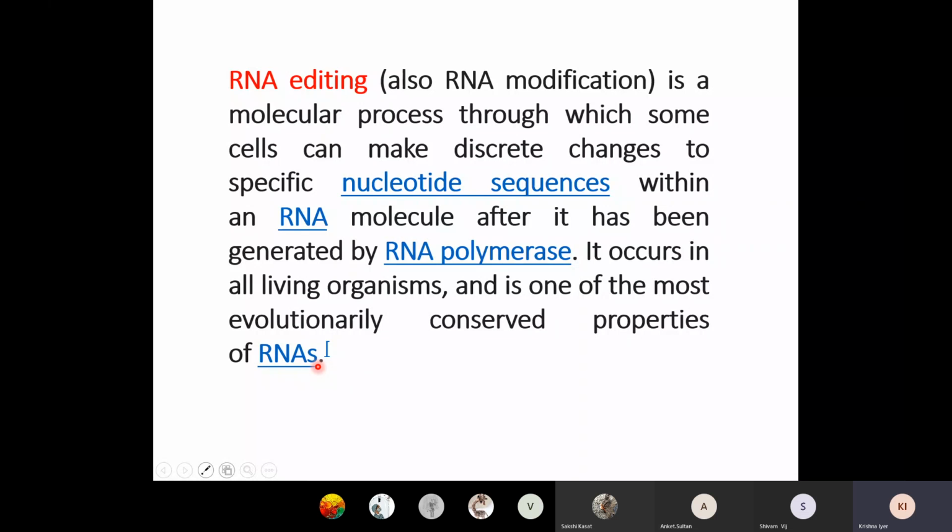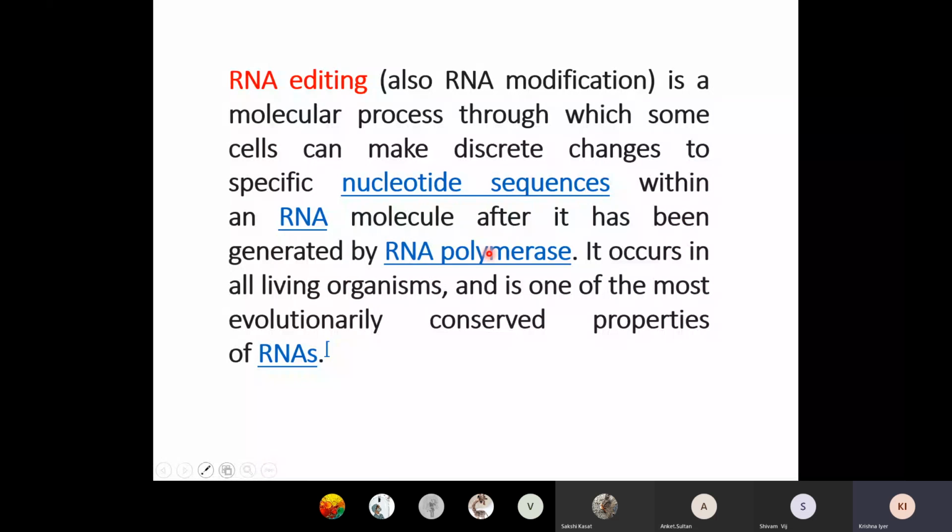It's a molecular process through which some cells, and this is very important, some cells can make discrete changes to the specific nucleotide sequences within an RNA after it has been generated by RNA polymerase. So this is very interesting.